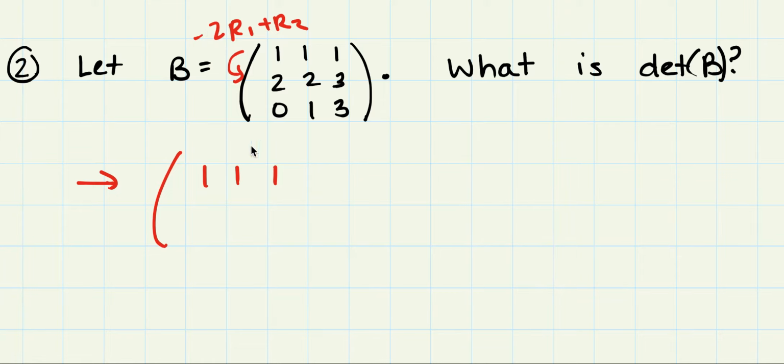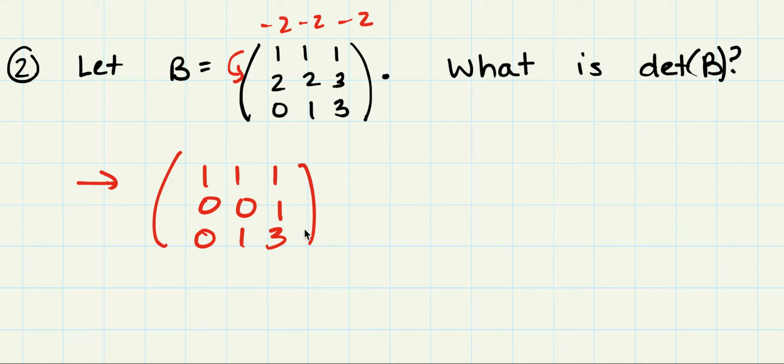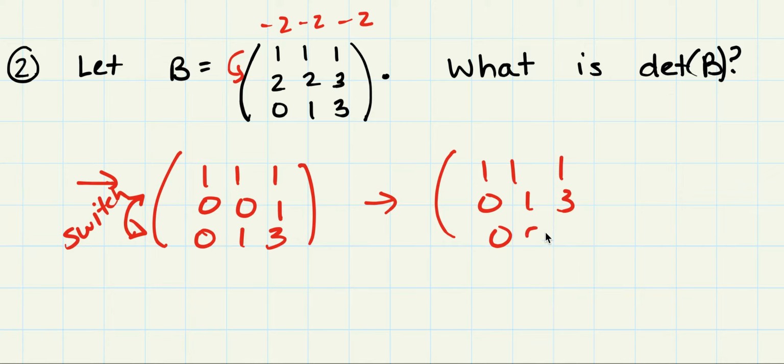So this is -2, -2, -2. I'll get 0, 0, 1, 0, 1, 3. And then I can switch these 2 rows. So now I get 1, 1, 1, 0, 1, 3, 0, 0, 1.